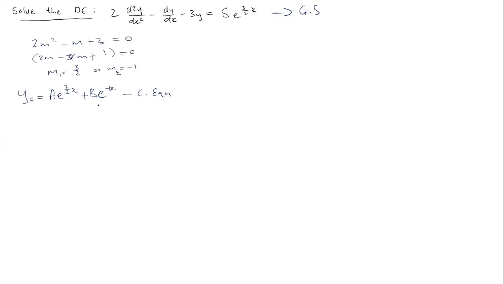Now this is what I want you to understand. To determine the particular integral, remember we use trials, right? For example, we can say y is equal to, just like how we did on the first question, a e to the power of 3 over 2 multiplied by x.